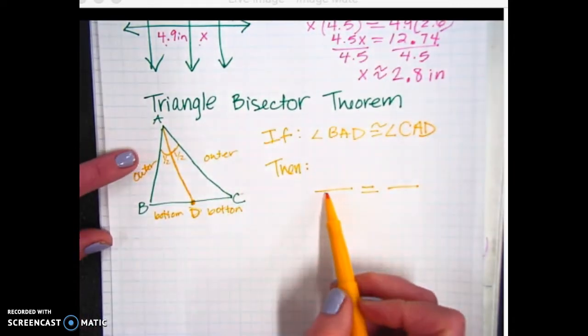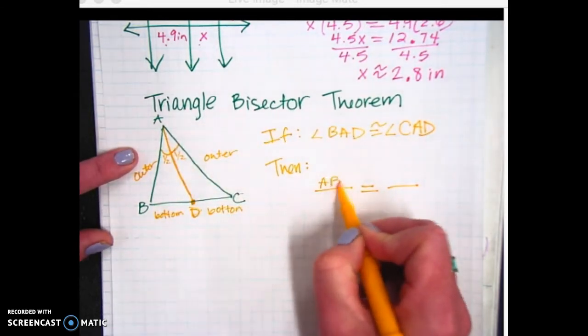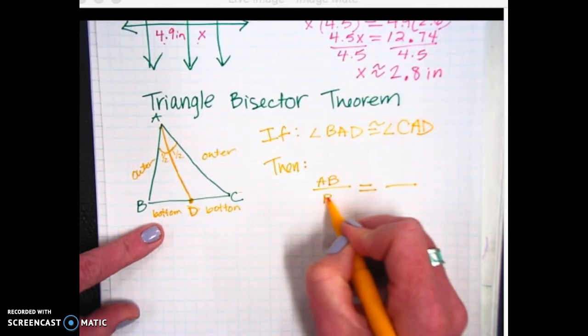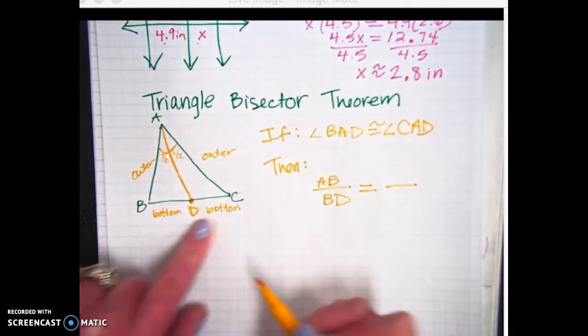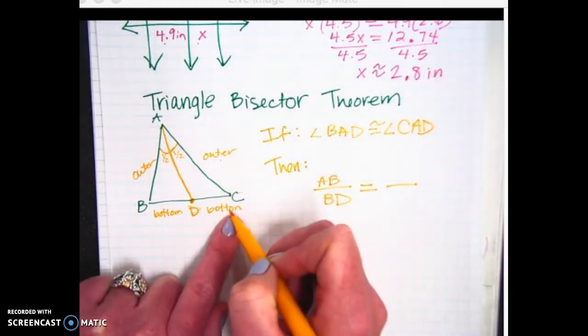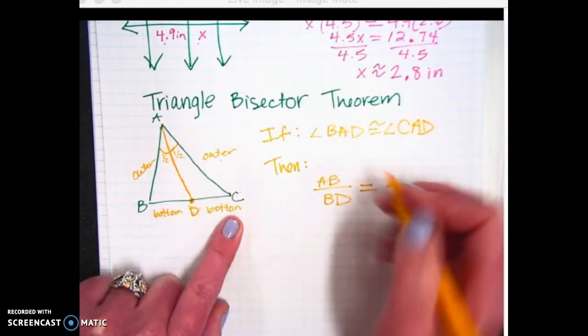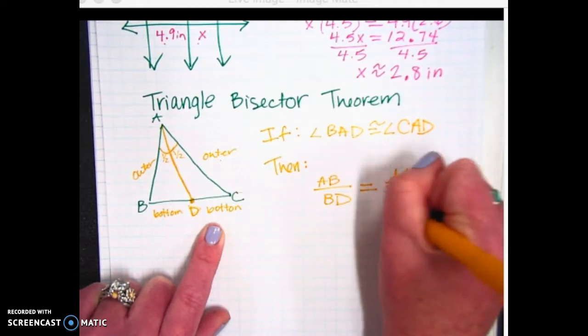So for the left side, the outer is this AB, and the bottom is this BD. That's the left side of the bisected triangle. And then on the right side of your proportion, you're going to go outer to bottom as well. So the outer is AC, and the bottom is DC.